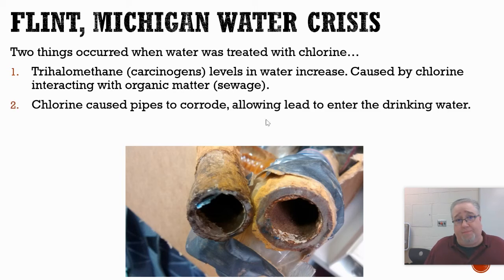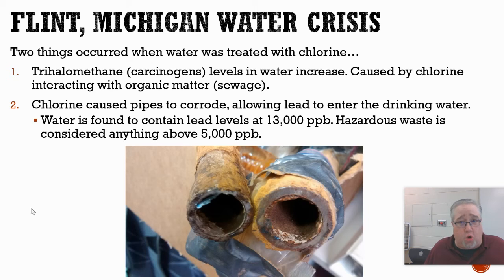But the other problem is that when they use chlorine to treat the water, chlorine actually causes pipe corrosion. And in the city of Flint, there are a lot of old pipes that contain lead. So by treating their water with high levels of chlorine, they increased the amount of lead corroding from the pipes into the city's water supply.